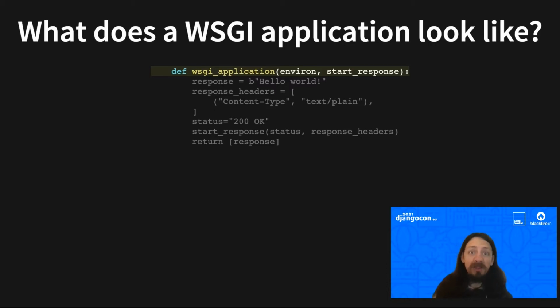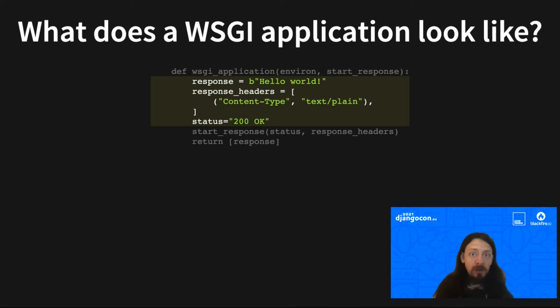So there'll be a method, a scheme, some URL information, some query parameters perhaps, and also some additional information about how the server's configured. The second argument is a callback function that I'll talk about in a moment. But beyond that, it's just a callable. You can do anything you like in there, so long as you can write it in Python code.